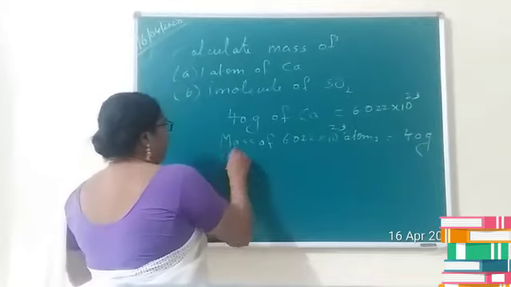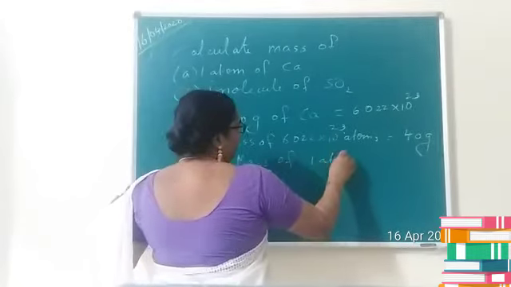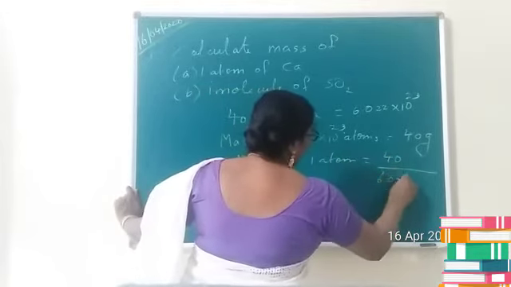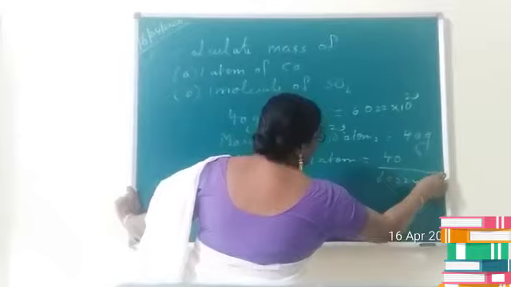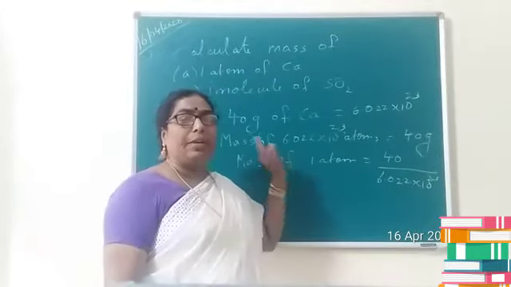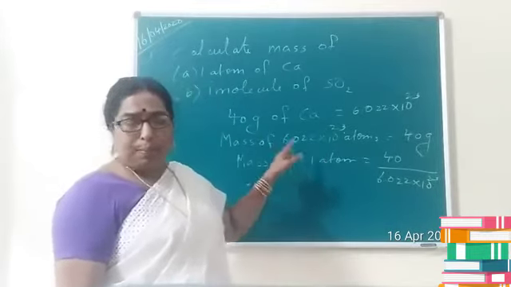So therefore, what is the mass of one atom, children? Mass of one atom of calcium is equal to 40 upon 6.022 into 10 to the power 23. Is it clear, children? We know that the atomic mass of any element contains Avogadro number of particles.